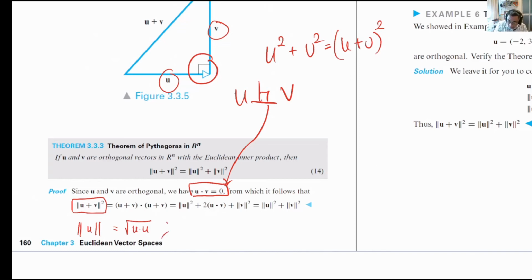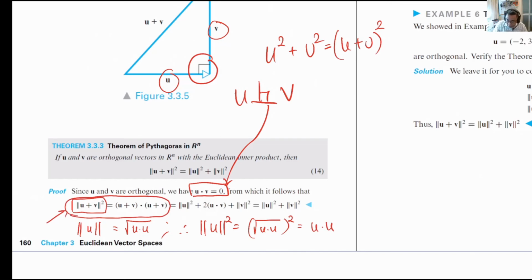Therefore, when we do the norm of u square, what we are doing is the square root of u dot u, squared. The square root and the square cancel, and we have u dot u. And now we understand why this equation comes about.